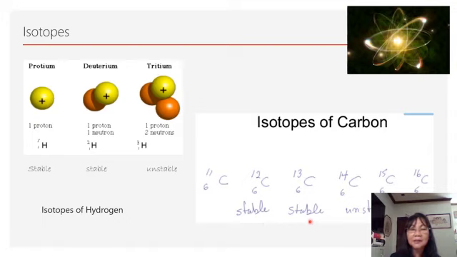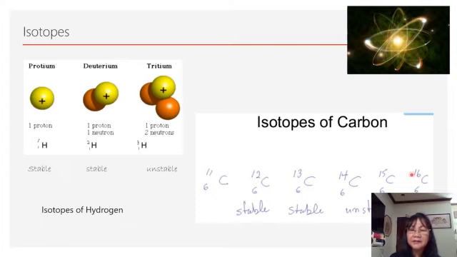So carbon 13 is still a stable isotope despite having one more neutron as compared to carbon 12. Carbon 14 is radioactive carbon. So this one is the one that is determined in radiocarbon dating, determining the age of artifacts.